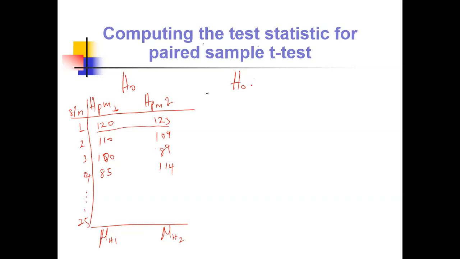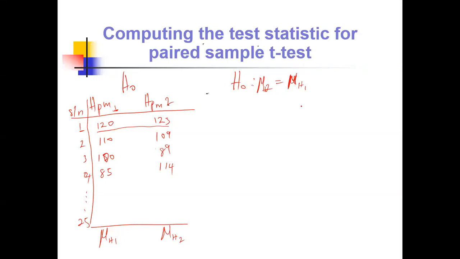So you might be thinking about a null hypothesis that would suggest that mu2 after the exercise, I can put in H here to make it clear, uniform, is the same thing as mu1, the heart rate before the exercise. Okay, this is one way to state it.